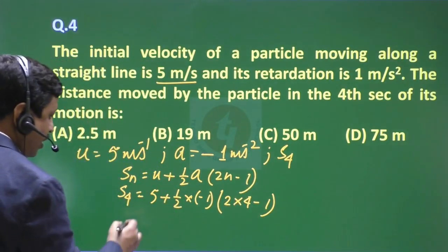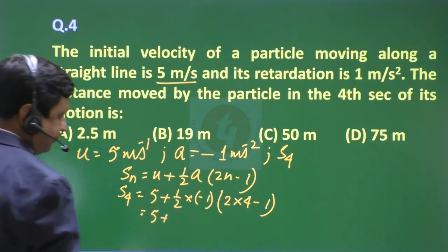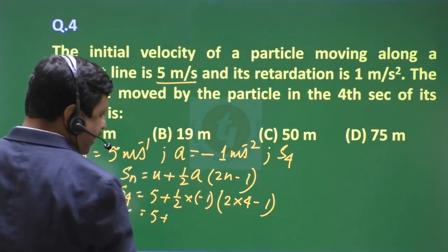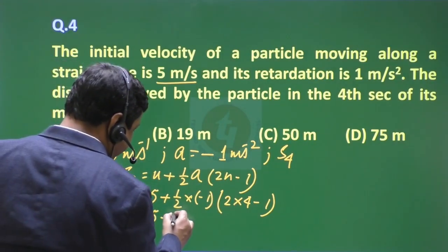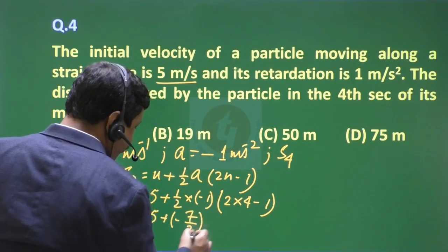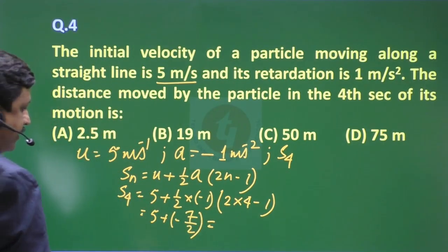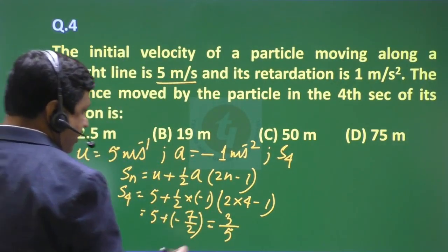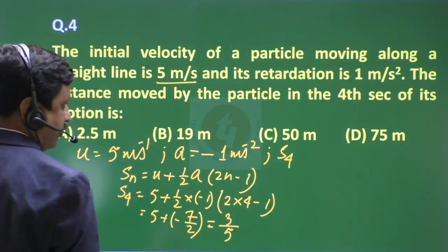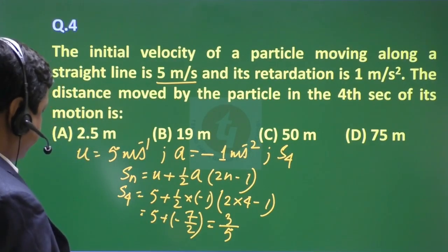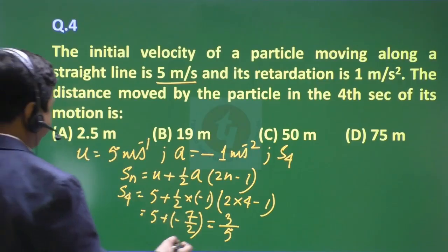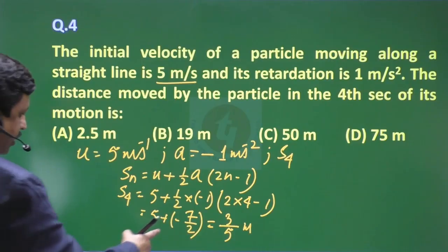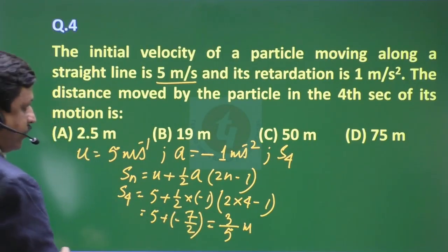Okay, 5 plus... 8 minus 1, that is 7. 7 times minus 1 by 2, that means minus 7 by 2. Okay, that means 10 minus 7, that is 3 by 2.